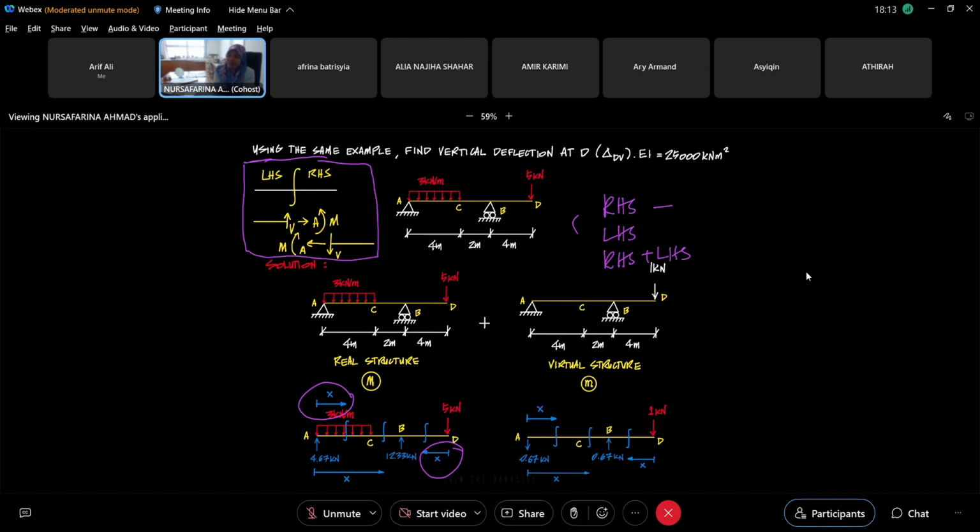But my advice is when you cut the section, make sure it is easy to find the moment equation, and it can reduce the time for cutting sections. It means if the left hand side has too many equations, you can do two sections from the right hand side and one from the left hand side.